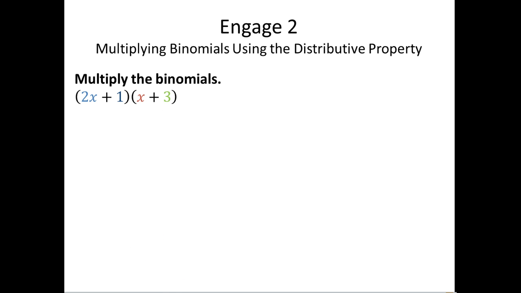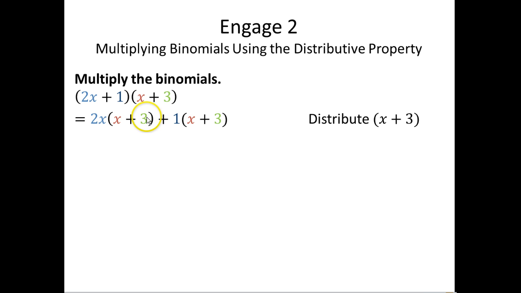Now, if I distribute this entire binomial x plus 3 inside to the 2x, I'm going to end up getting x plus 3 times 2x, shown here.